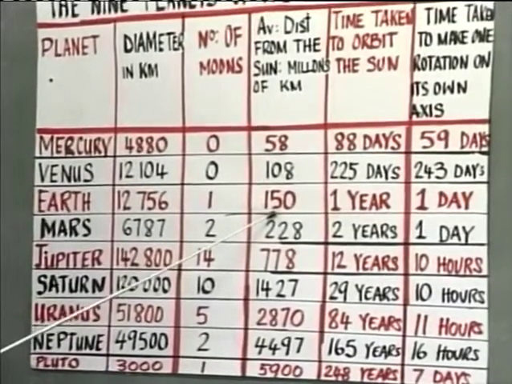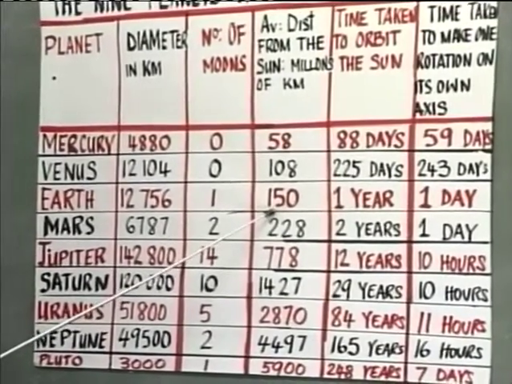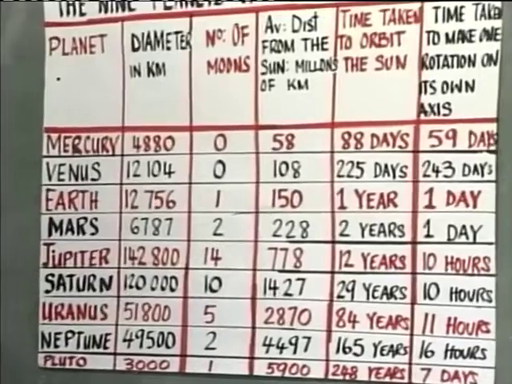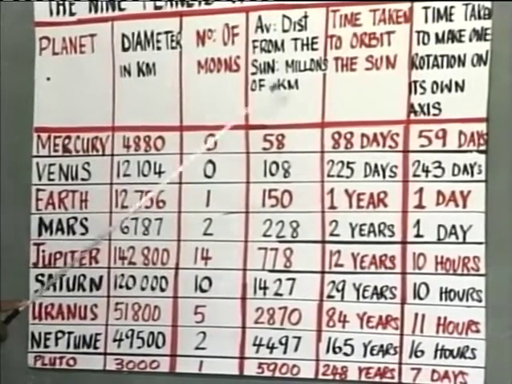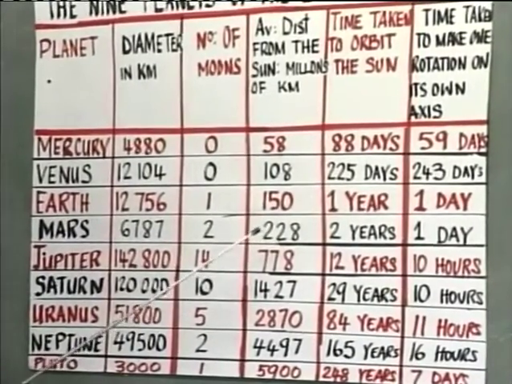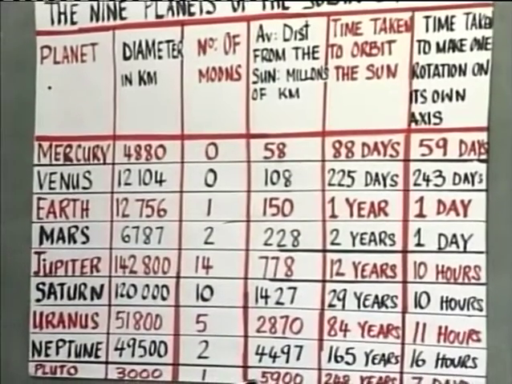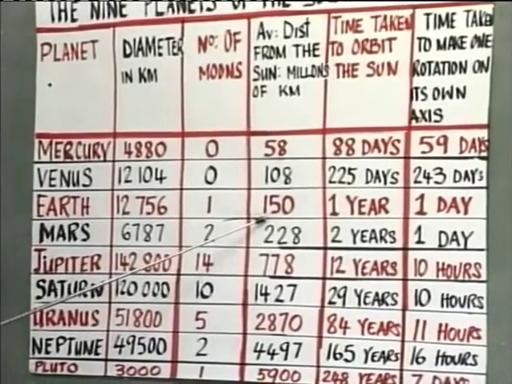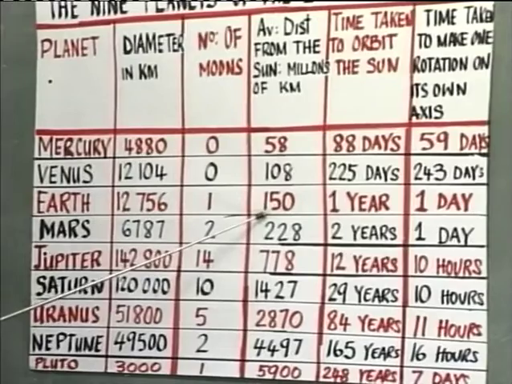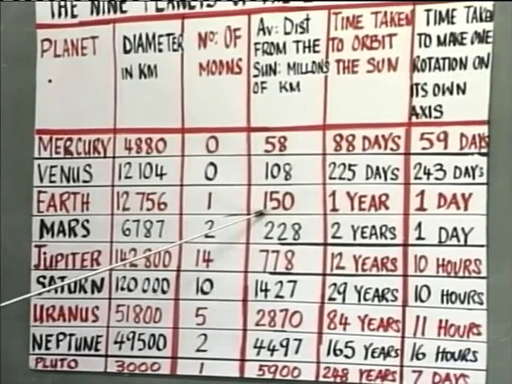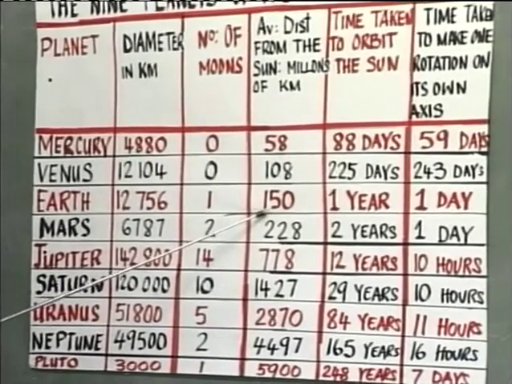The Earth that we are interested in is 150 million kilometers from the sun, and so on until we come to Pluto, which is the furthest. So the Earth, we are at 150 million kilometers from the sun.